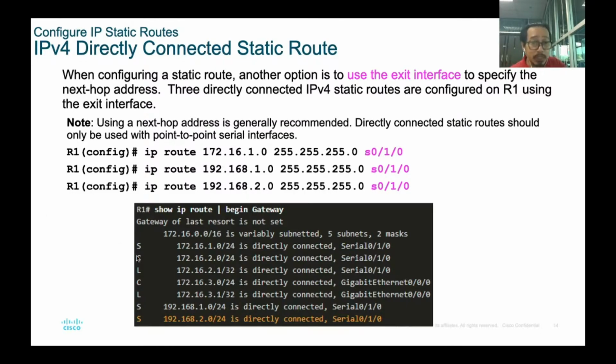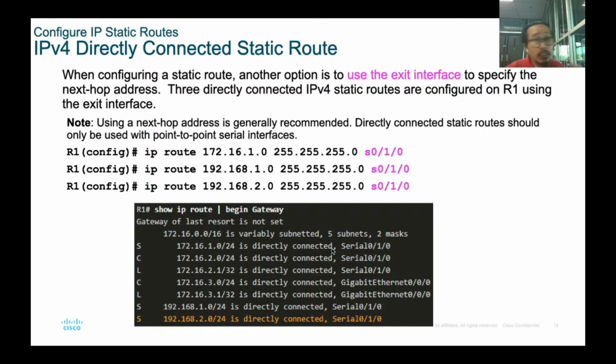So in our routing table, when it looks up 172.16.1.1 or whatever 1-something, the routing table lists serial 0/1/0 straight away. Router 1 doesn't need to look up where the next hop is anymore because we already give it the exit interface.